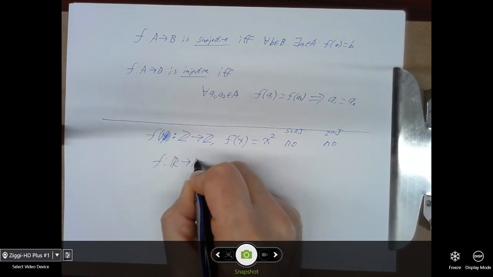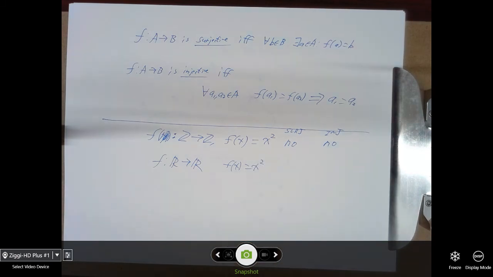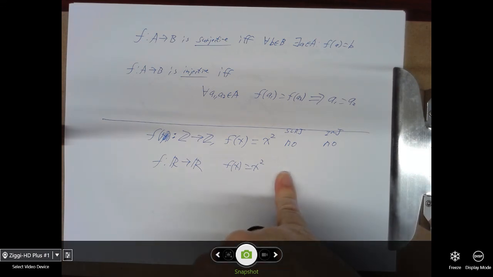How about if we go from the reals to the reals? Is that surjective? No, because there's nothing that maps to -1.